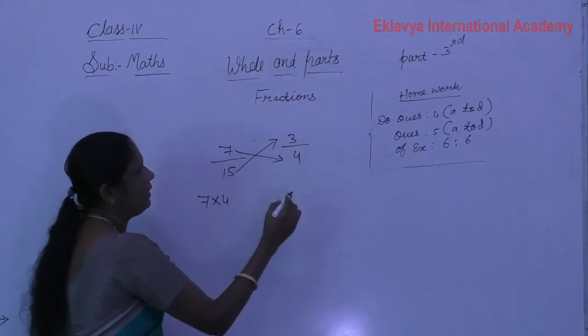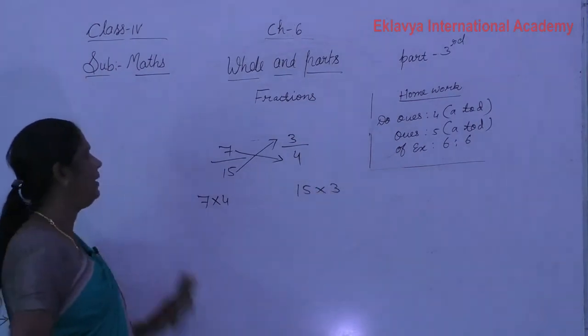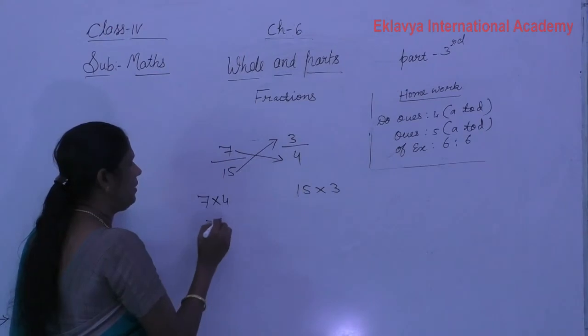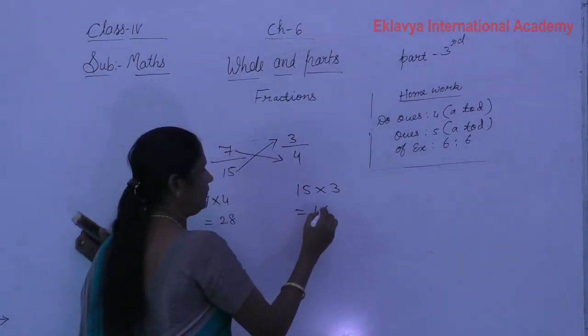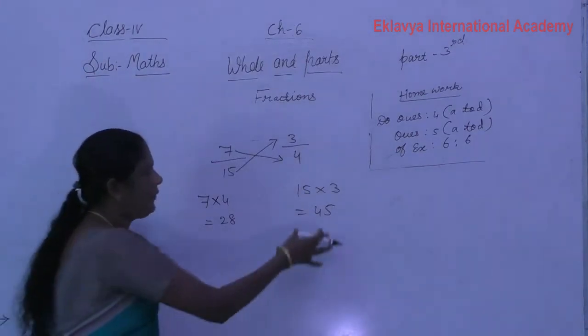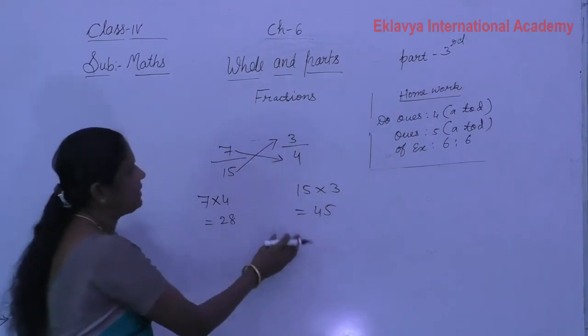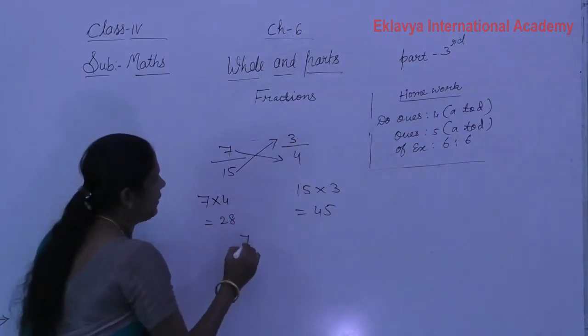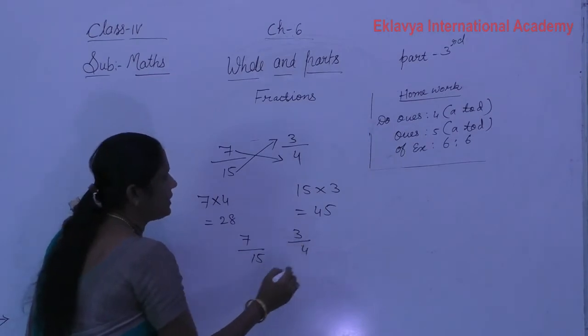Then 15 into 3. 7 4s are 28, 15 3s are 45. Which is greater? 45 is greater. Which fraction is this? 7 by 15 and 3 by 4. Which is greater? This one.